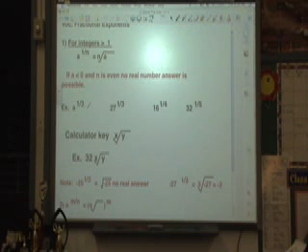A to the 1/3 power is the cube root of a. And if it's not the square root, you just put the root right where the check mark is. 27 to the 1/3 power is the cube root of 27.